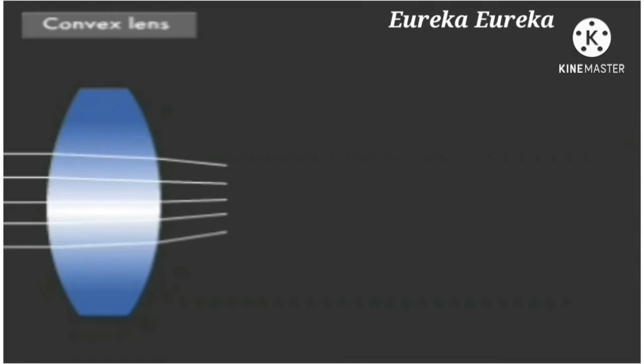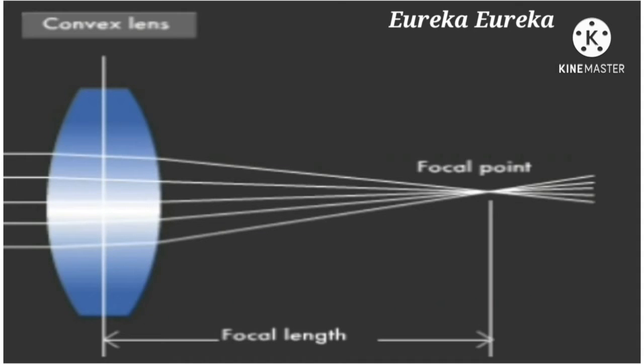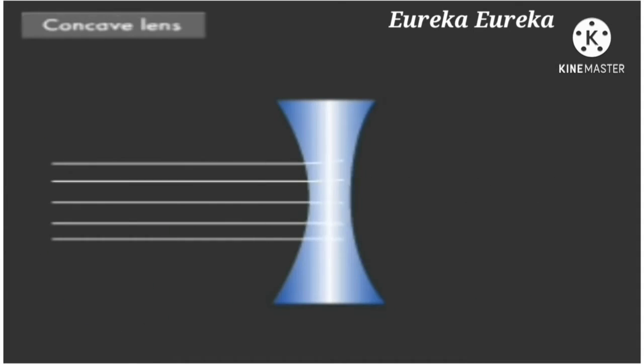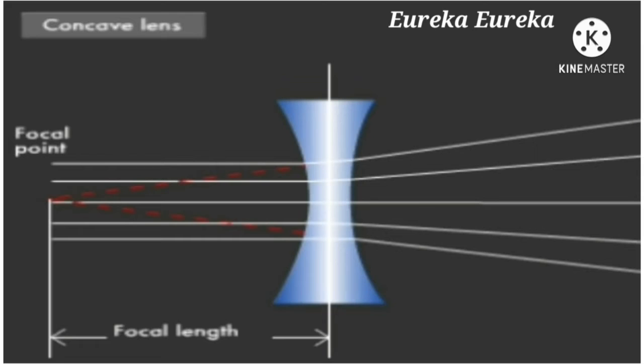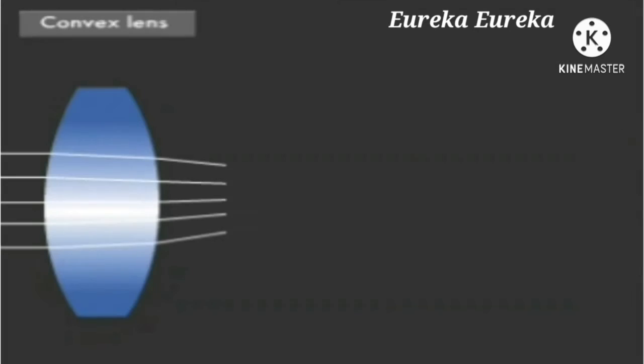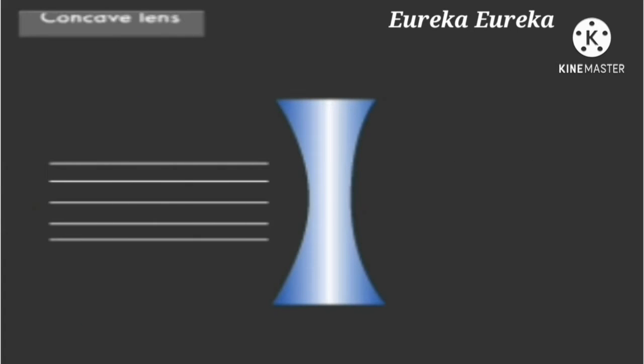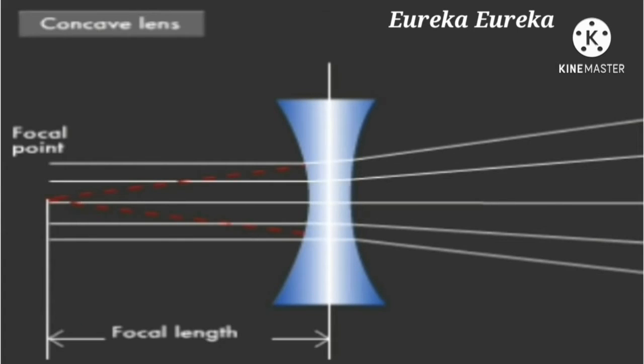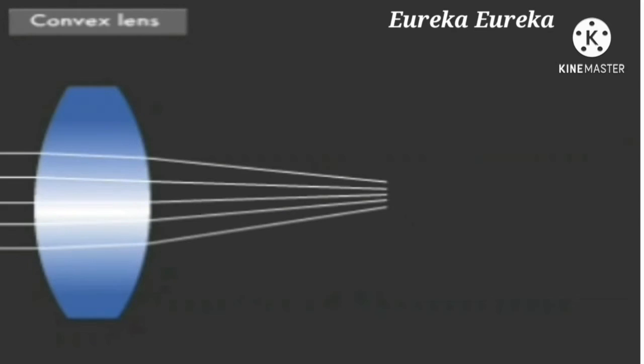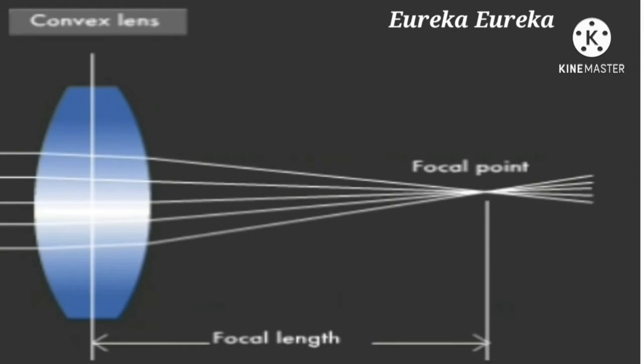Therefore, a concave lens is a diverging lens, whereas a convex lens is a converging lens. And the focal length is the distance between the optical center and the principal focus of a lens.